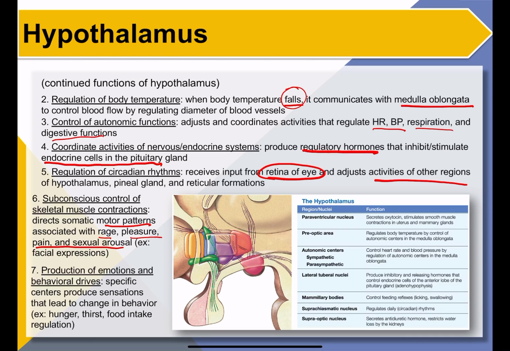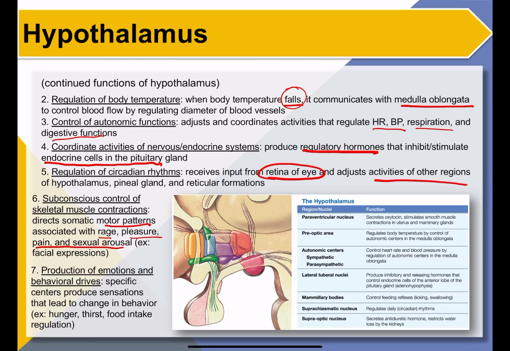When we're really happy and want to laugh, our muscles then laugh. Our diaphragm is contracting to allow us to laugh. And when we're angry, we make that angry face by moving our eyebrows closer together. All that stuff we're doing that has to do with our emotions, the hypothalamus has a role in that as well.